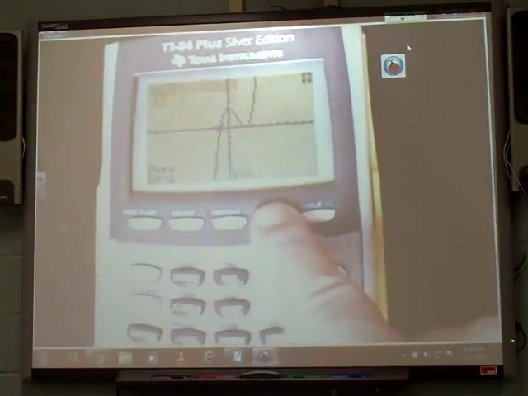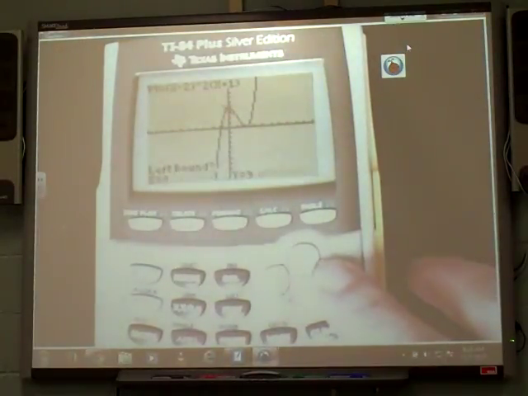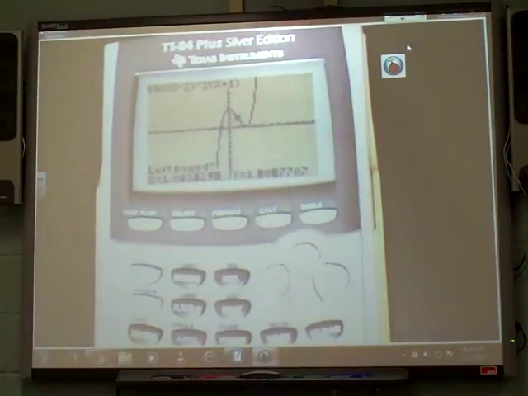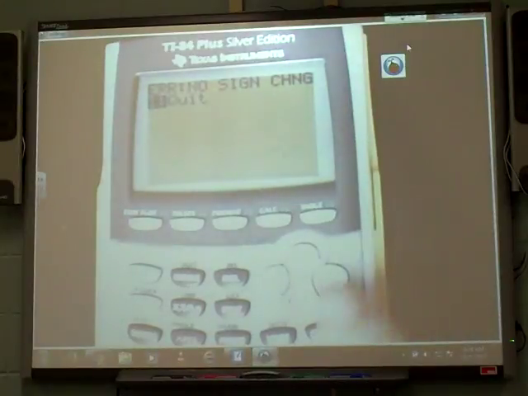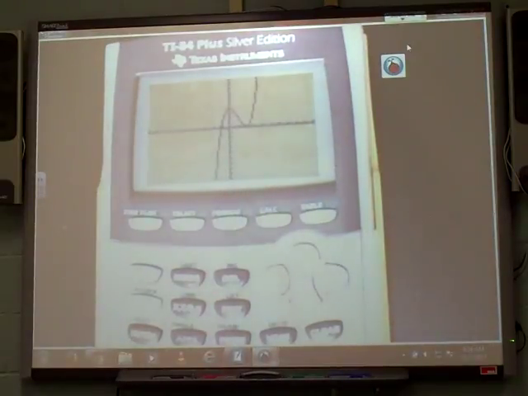I'm going to hit second calc. I'm going to find the zero. Left bound. Right there. Right bound. Right there. When that happens to y'all sometimes too, when I graphed it, it told me an error on that right bound one.